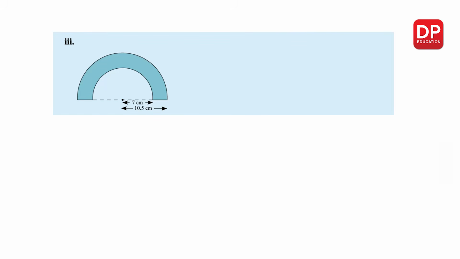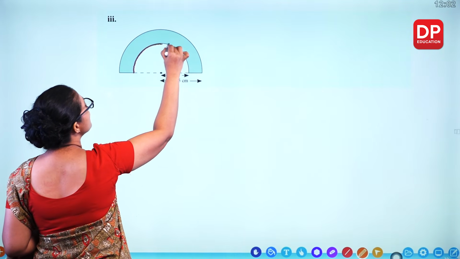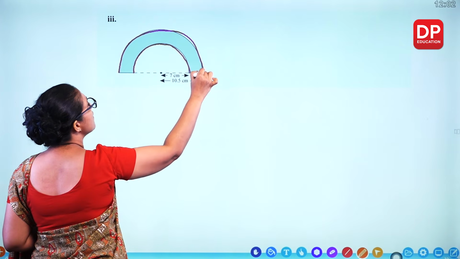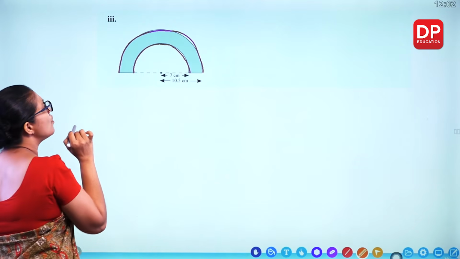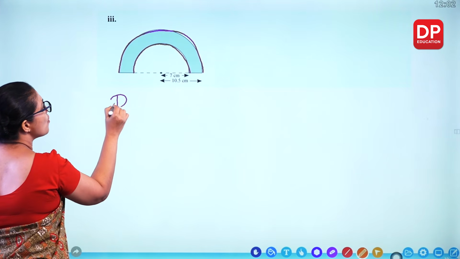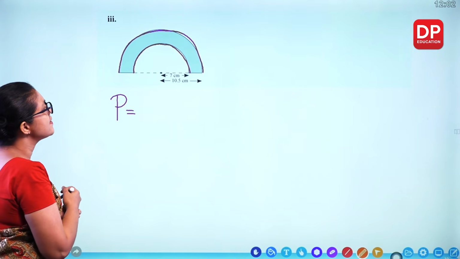This one, how do you find the perimeter? Radius is given. So first we can find the circumference of the smaller one, and then the bigger one, and then you can add these two lengths. Okay, so we'll find the total perimeter. Smaller one, radius is 7.